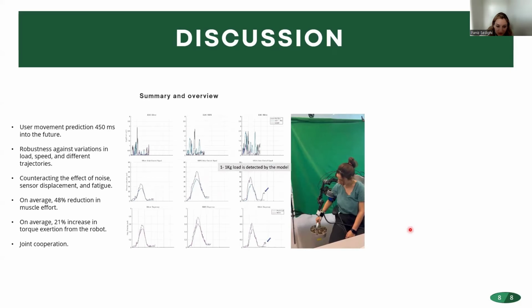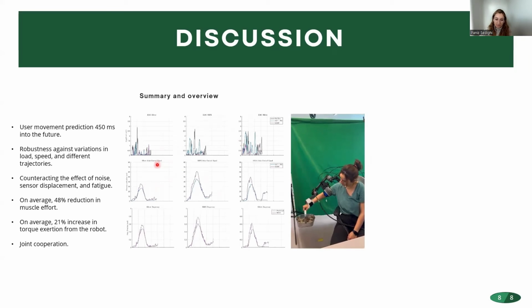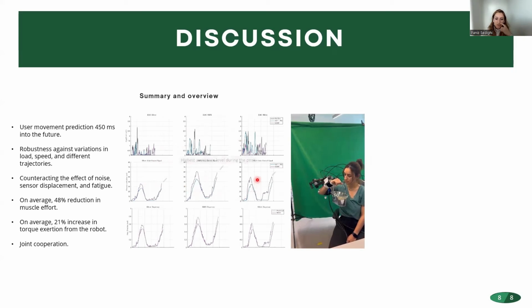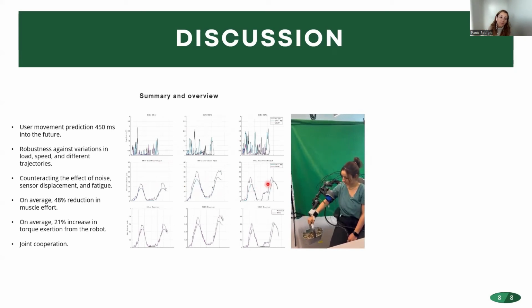In the video here, you can see that the exerted torque from the exoskeleton is divided proportionally between the 3 joints of the exoskeleton, which is proportional to the intention coming from the muscles of the user.